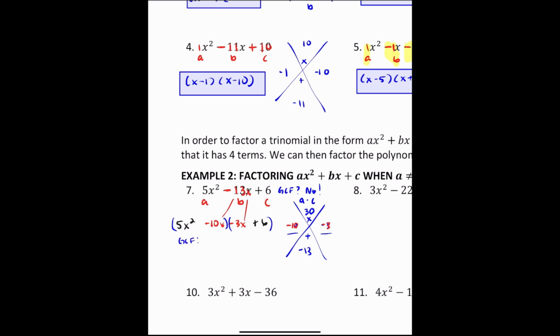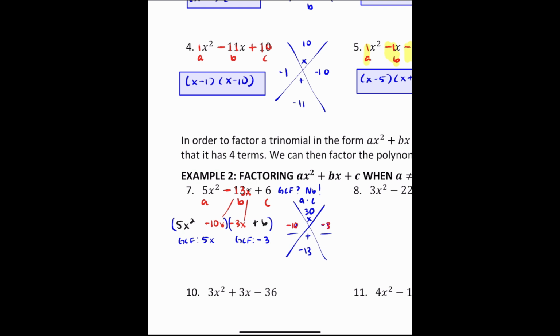The GCF of the 2 is 5x. And for the last 2 terms, the GCF is a negative 3. Since there's a negative in front of the 3, you need to make sure that you factor the negative out.